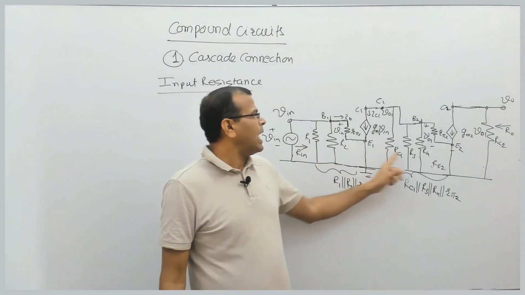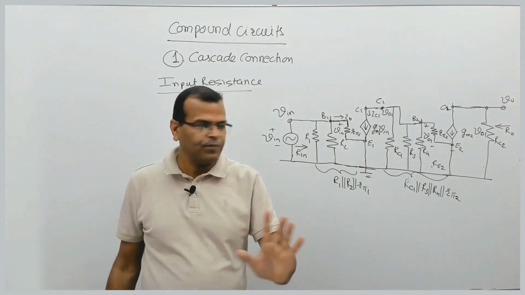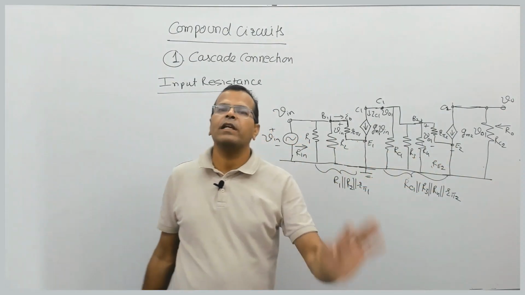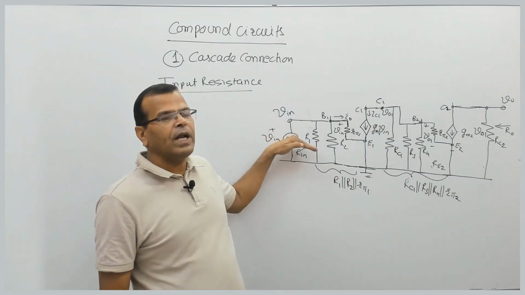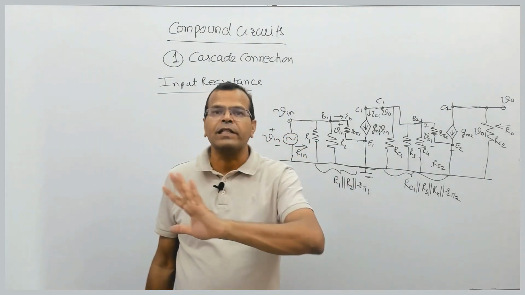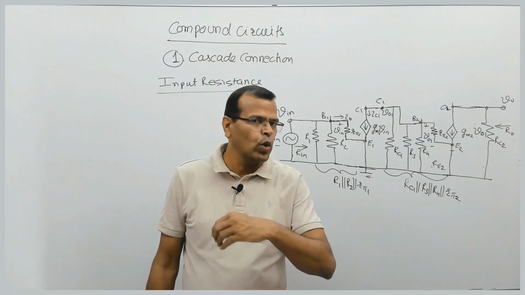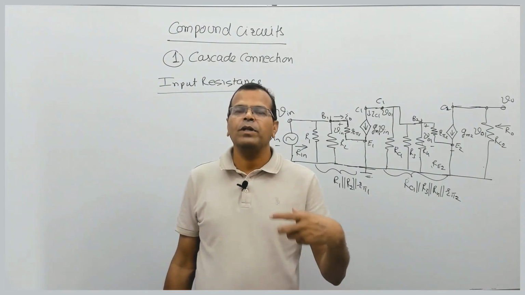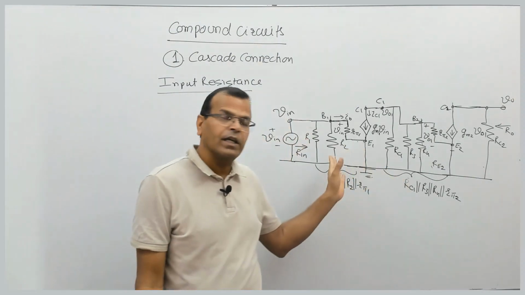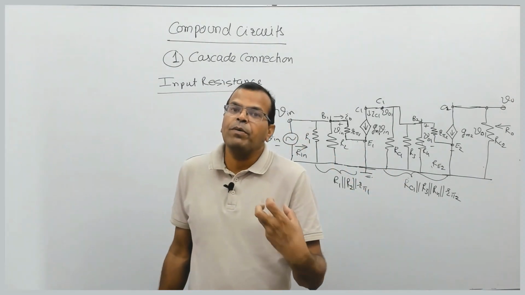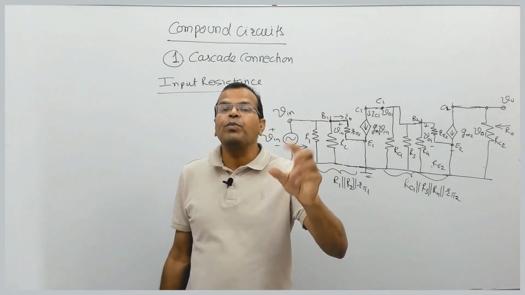When there is no capacitive element in the circuit, there is no capacitor, input impedance and input resistance are the same. There is no difference. So in some textbooks they may be calling it input impedance for the same circuit, in some textbooks input resistance.